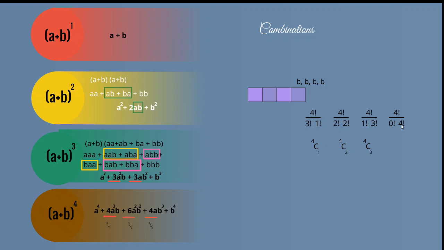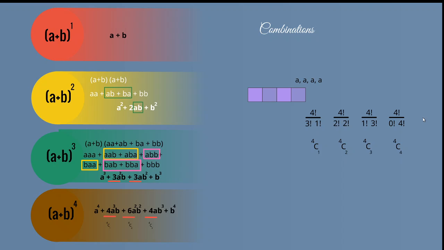The number of B's is 4, so 4 factorial. And logically, we know there's only one way of arranging everything. But doing it for calculation's sake, it will be 4 factorial divided by 0 factorial into 4 factorial, which is basically 4C4.